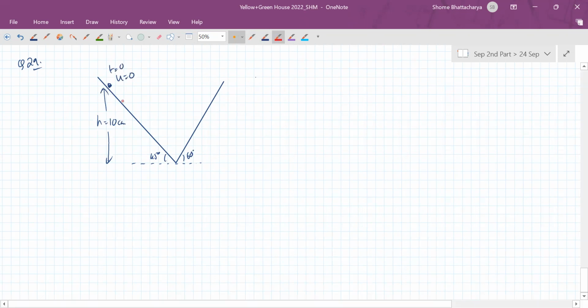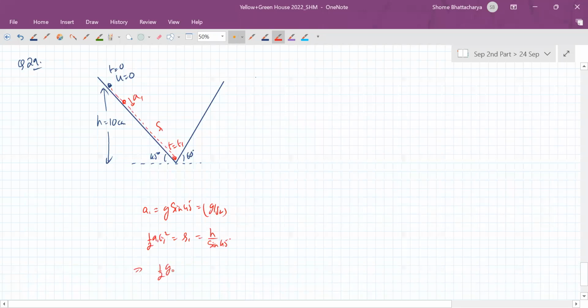So as it slides down, it has an acceleration a1 on this side of g sine 45, since it's a frictionless surface. So g by root 2, and it reaches here at some time, let's say t1. So half a1 t1 square is equal to this total displacement s1, which will be h upon sine 45.